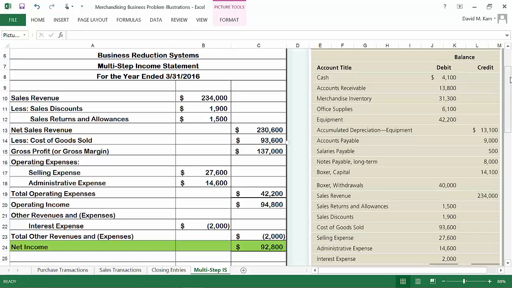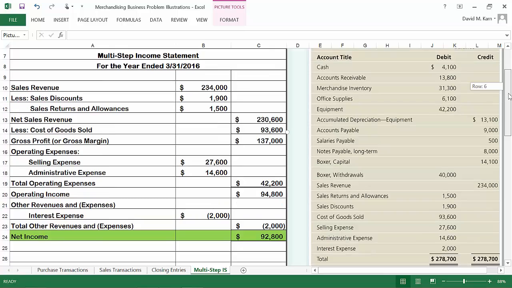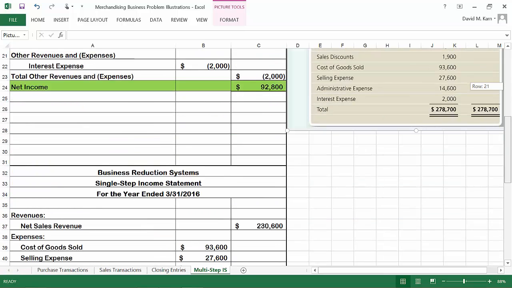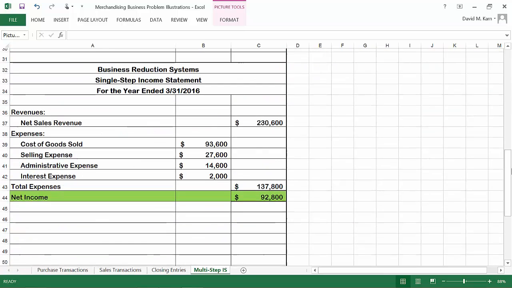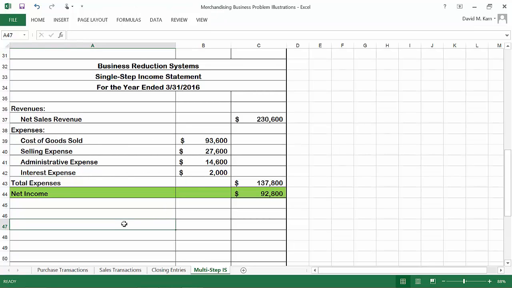I've already completed that for you so you can see the differences, and I'll leave it on the solution to the problem. Notice that the single step income statement is much shorter and doesn't really glean as much information as we can from the multi-step. Notice you'll still get the same answer of net income of $92,800. Basically, you start with the net sales revenue. That calculation is done outside of this document, and you subtract all the expenses.